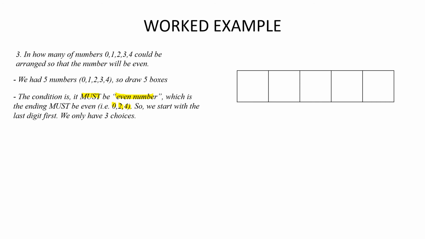Even number means that the number can be divided by 2. So to make sure it is an even number, at the last digit we can only put either 0, 2, or 4. We cannot put 1 or 3. So we only have 3 choices to put at the last.